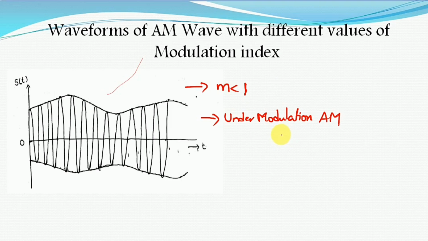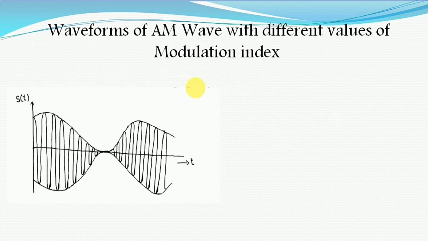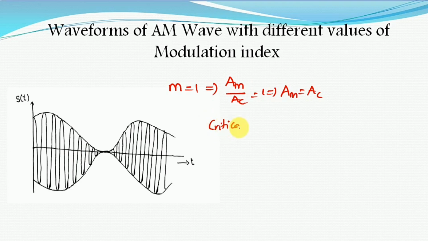Now let us see when the modulation index is equal to unity. From the definition, Am by Ac equal to 1 implies the amplitudes of the message signal and carrier signal are equal. Here we call this modulation a critical modulated AM wave. What happens when the baseband signal is transmitted with the critical modulated AM wave?